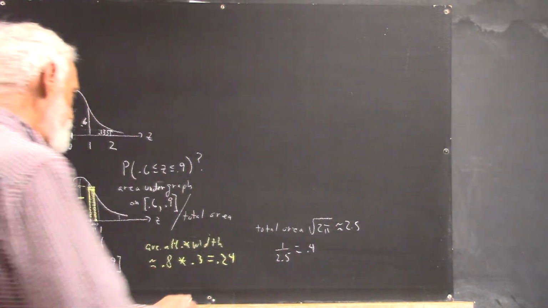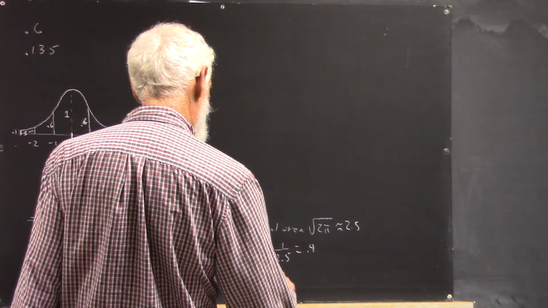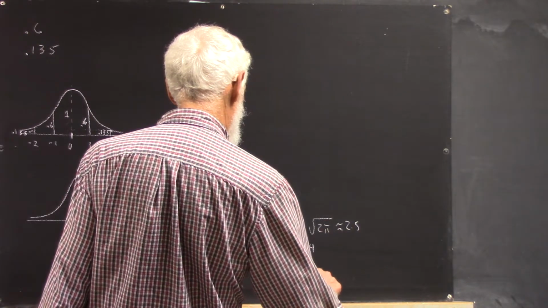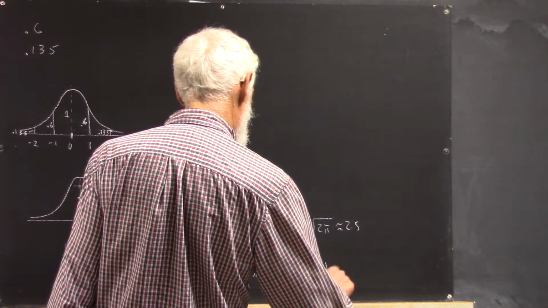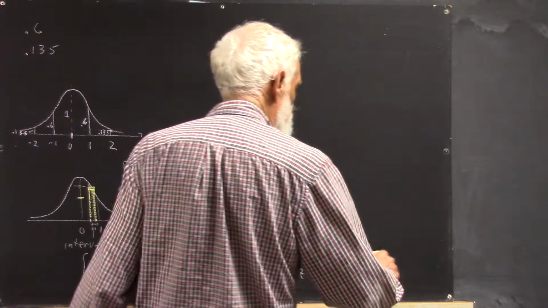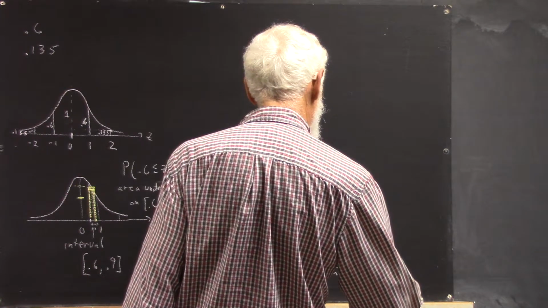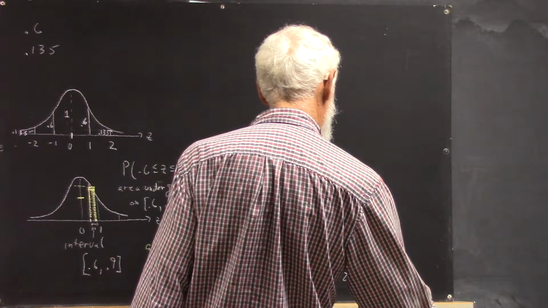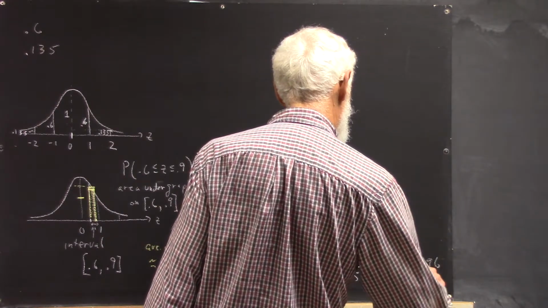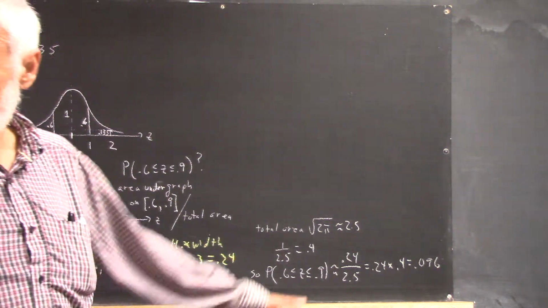Okay, so anyhow, it follows then that the probability of 0.6 less than or equal to z less than or equal to 0.9 is approximately equal to 0.24 over 2.5, which is equal to 0.24 times 0.4, which is 0.096. Okay? And that's total probability.